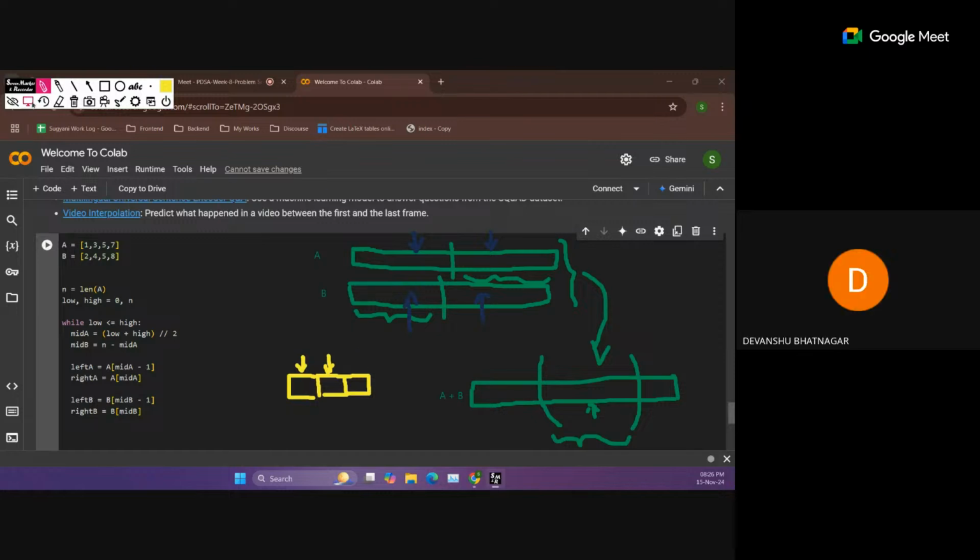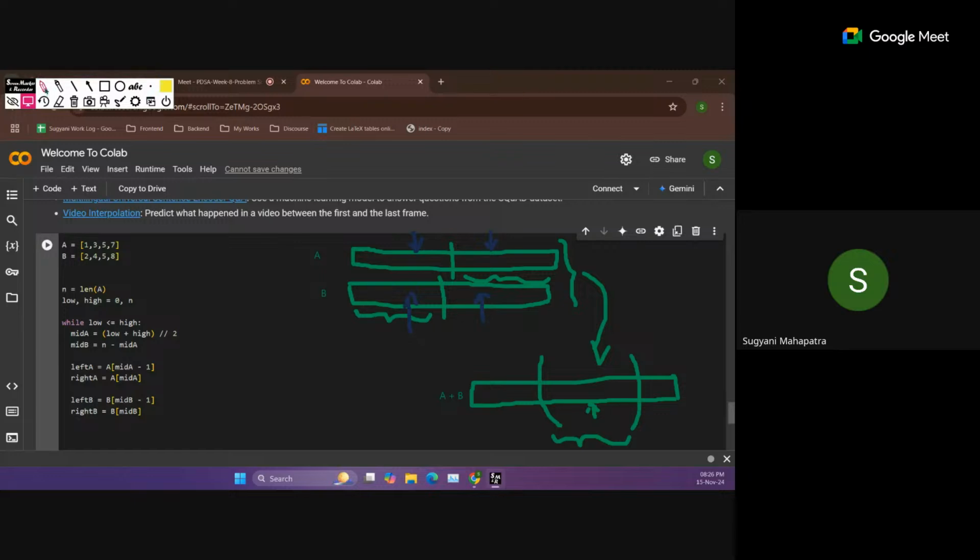Okay. So what we will do is, we are just taking left of A is equal to middle of A minus 1 and right of A is the middle element. Okay, this part is clear, right? So the summary is, we are just finding the middle element for both of these two arrays, and we assigned the left element for the first array as the element previous to the middle element, and the right element as that particular middle element.